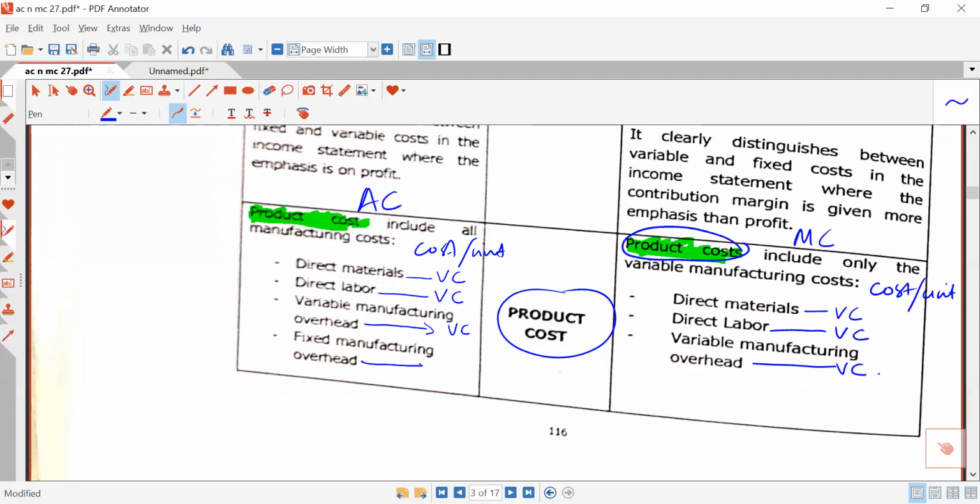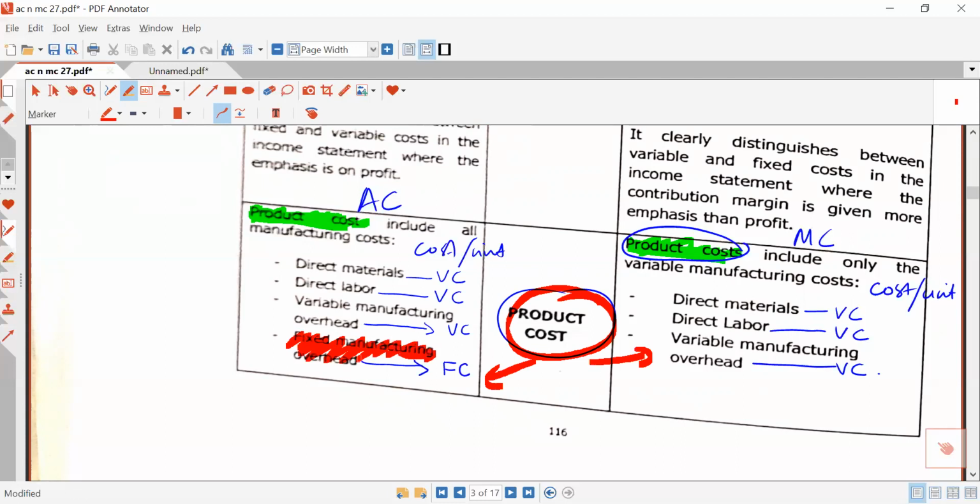But here you have an additional fixed manufacturing overhead, which is your fixed cost. So basically, the difference in the product cost between MC and AC is the fixed manufacturing overhead. That's the highlight there, and this is your product cost.